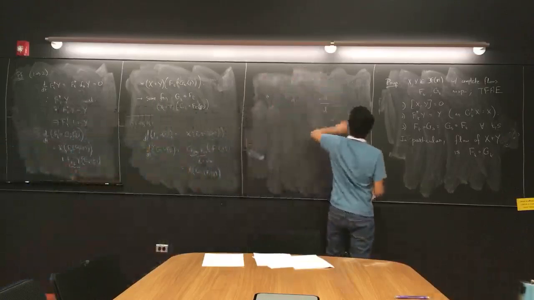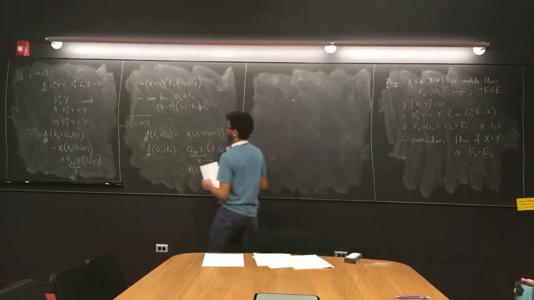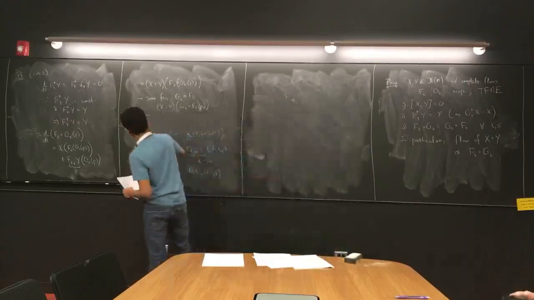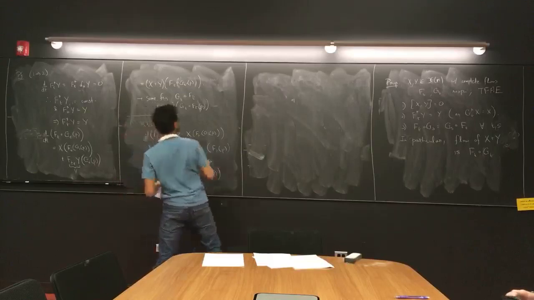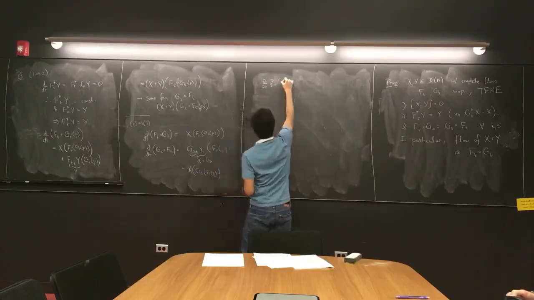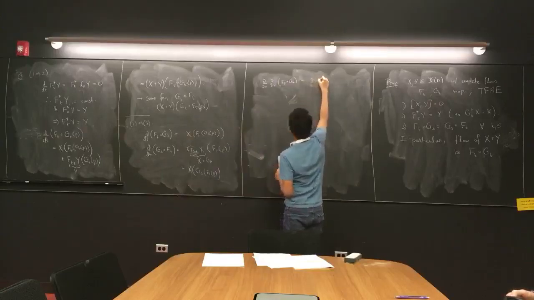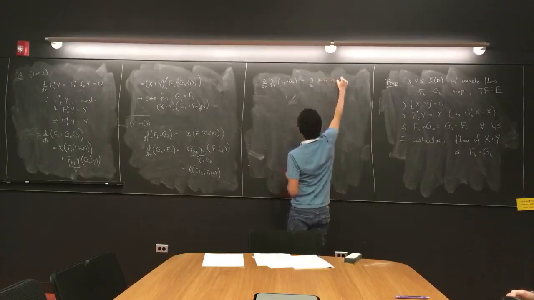So if I take the second derivative, partial s partial t of f_t composed with g_s is partial s of x composed with f_t composed with g_s of p.